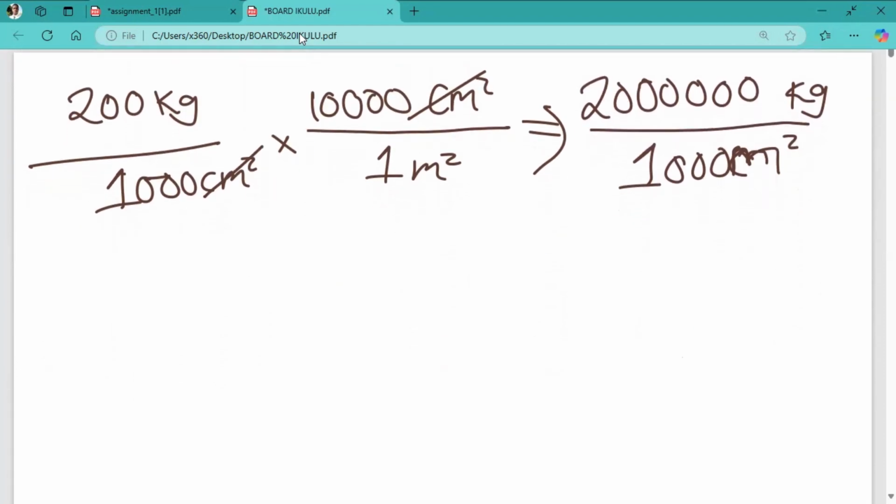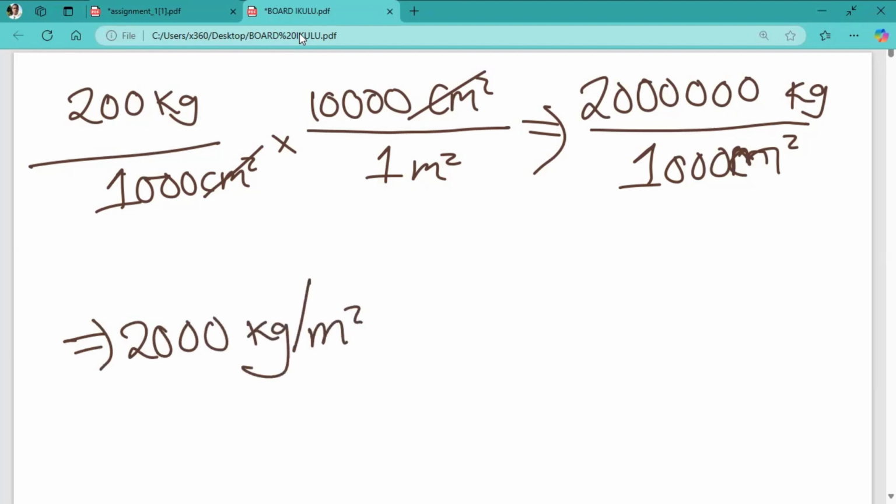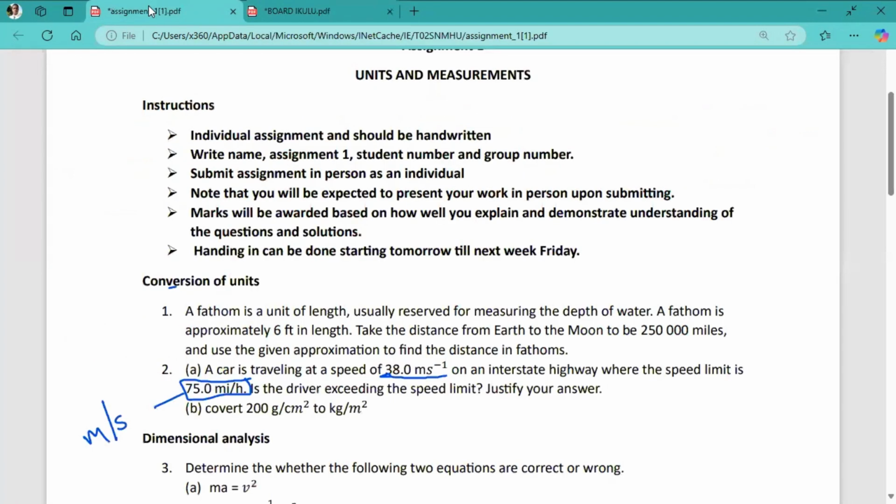So 2 million divided by 1000, I'm getting a final answer equal to 2000 kg per meter squared, like that. So that is the final answer for question 1, part B. We can move on to the next question.